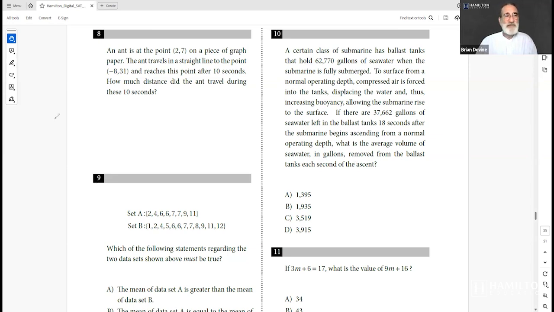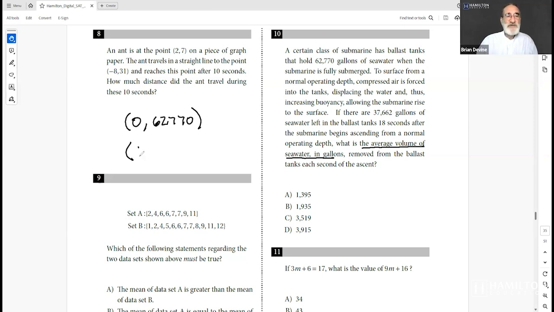Well, they only give us a little bit of information, and the phrase the average volume of seawater depends on the fact that we've only been given 2 points in time and the volume at those 2 points in time. They told us that at time zero, there was 62,770 gallons in the tank.